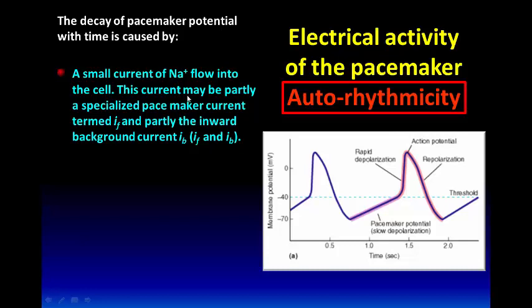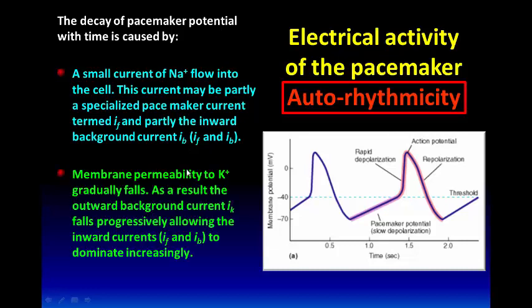This current may be partly a specialized pacemaker current specific to the nodal cells, and sodium passes through specialized sodium channels which are present in the membrane of the sinoatrial nodal cells. These sodium channels are known as the funny channels, and this current is known as the IF, the funny current. And partly this sodium current is the inward background current, the IB.